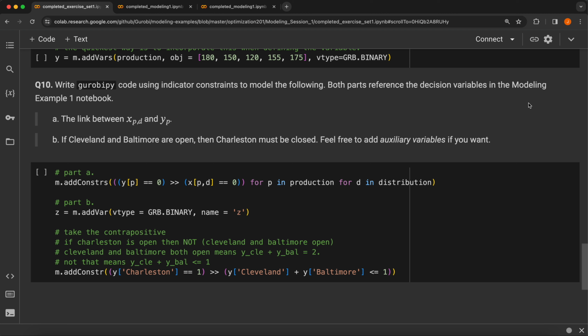With the way the indicator function works in Gurobi, the if part needs to be a binary decision variable.